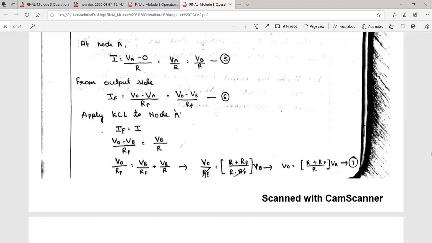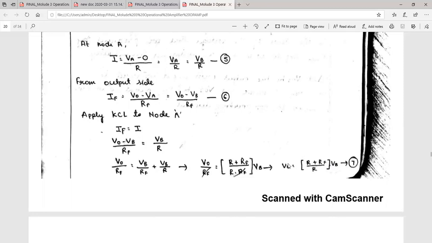RF and RF get cancelled. We are left with the output expression, which is equivalent to R plus RF by R into VB. Now we will substitute the previously calculated expression for VB in this particular equation 7.